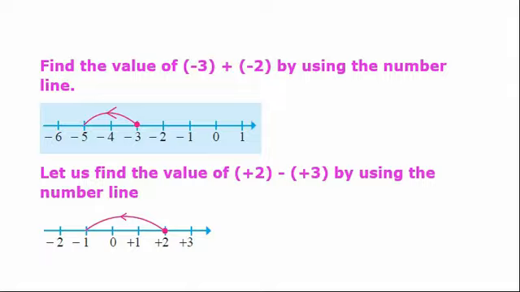Now find the value of minus 3 plus minus 2. So we need to start from minus 3. This is the starting point here. Now we know plus, inside the bracket minus 2, right? To simplify this we need to consider that here always 1 is there, so that means plus 1. If plus and minus are multiplied, the answer will be minus.